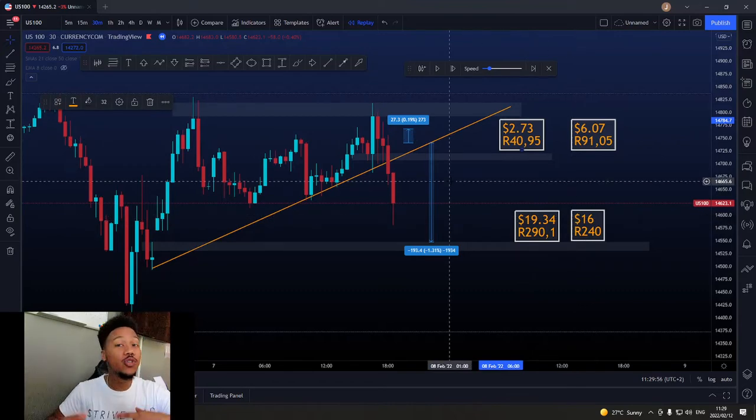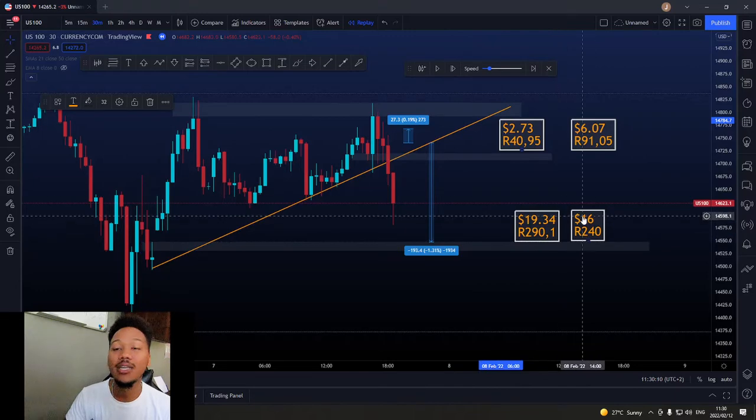So this is what you do before you enter an actual trade. You're not going to go blindfolded inside a trade. You need to know how much you are willing to risk. You need to know how much you are willing to profit. Money management. Your profit will pay off for the next trade. That's how you look at it. Your profits need to pay off the next trade which you're going to take.